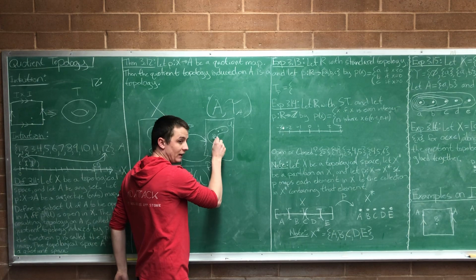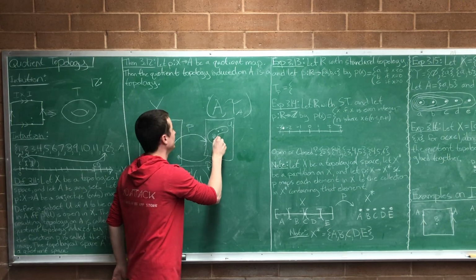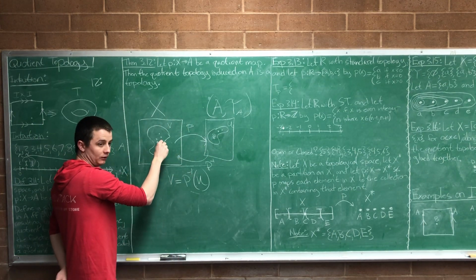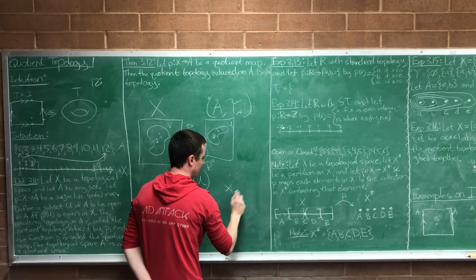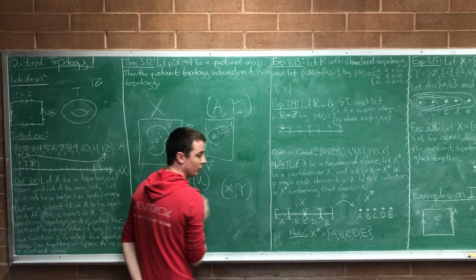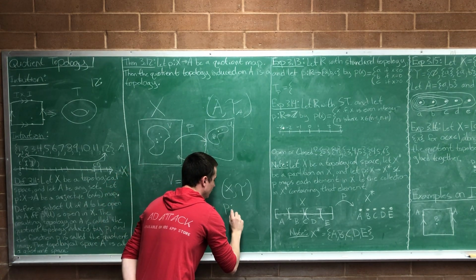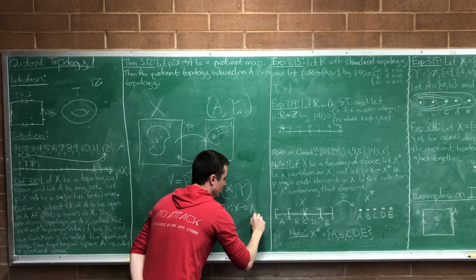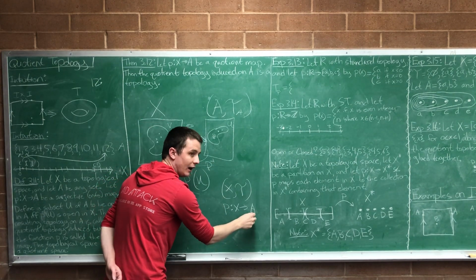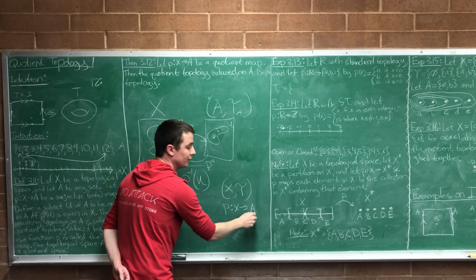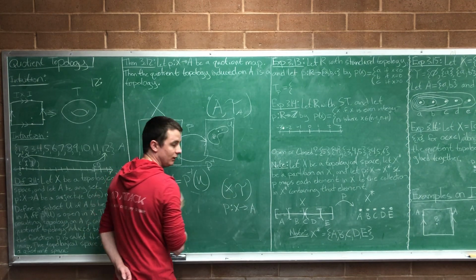We're going to call the sets in here open if and only if their preimage is open here. So I start out with X, tau. I start out with the topological space on X, and I have some function P from X to A. I call things in A open if and only if their preimage is in tau.